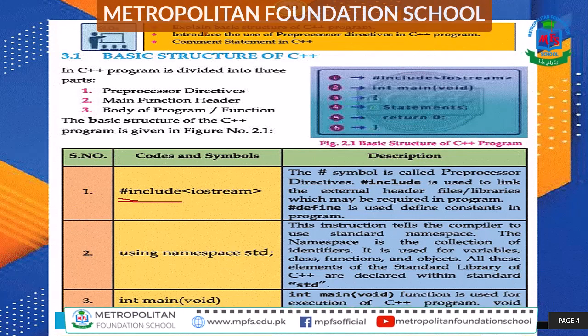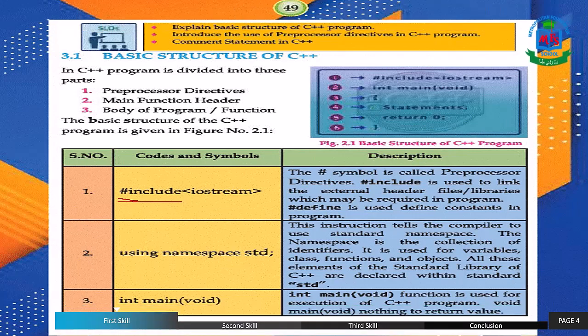That is very easy. Number 1 is called preprocessor directive. Using namespace is for class, function and object. We include these three things by using namespace std.